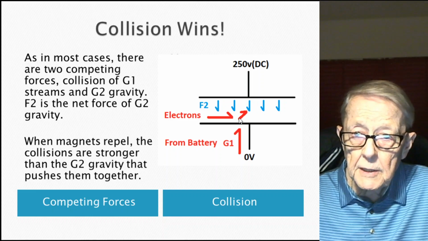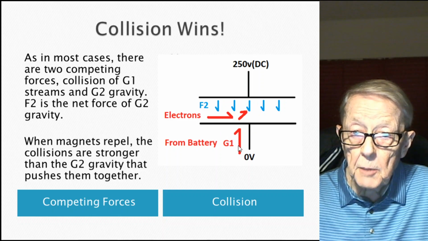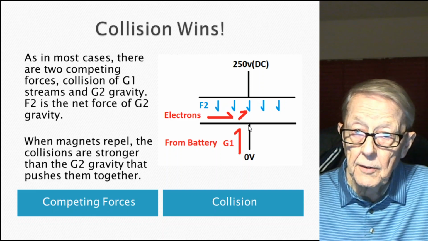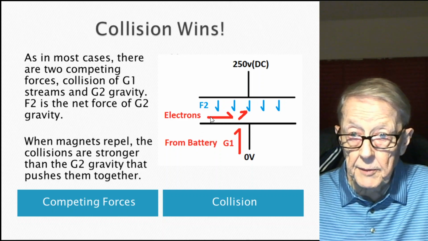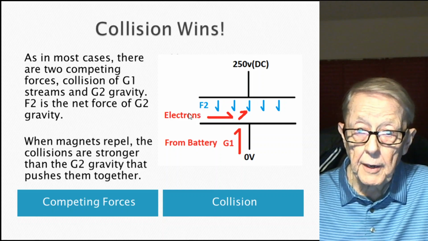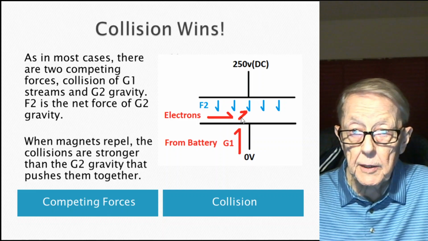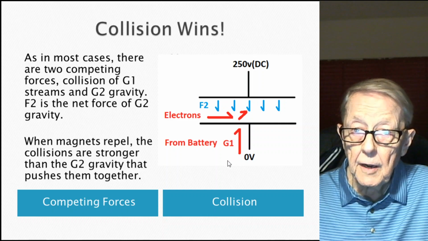So some of the cathode ray going up comes from here, and some comes from here. And F2, which is moving down, obviously isn't effective in this case. These are moving at speed c. I claim these are also moving at a very fast speed c, and are being sustained by G2 gravity as well, and so it moves up. I claim the collision effect in this case is stronger than the F2 force.